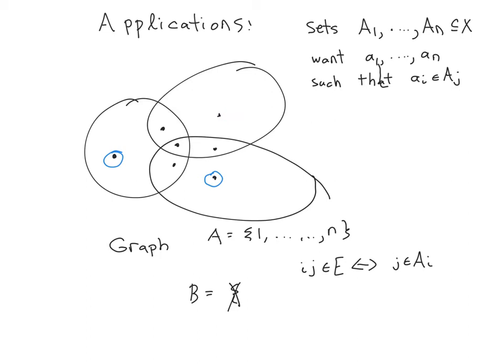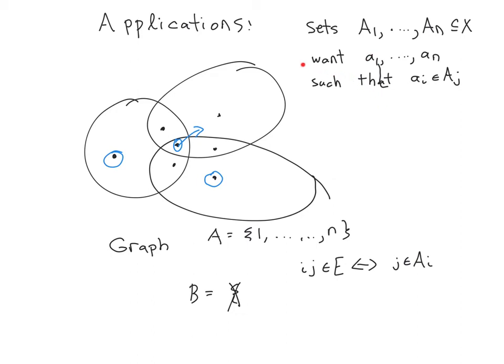He was perfectly okay with something lying in an intersection, as long as you indicated which set it belonged to. So these are called distinct representatives. They're supposed to represent the set they belong to. It's similar to an electoral college. Each electoral district has to elect a member from that district.